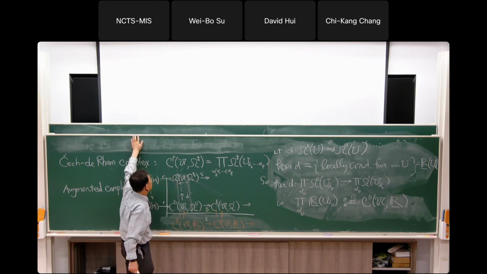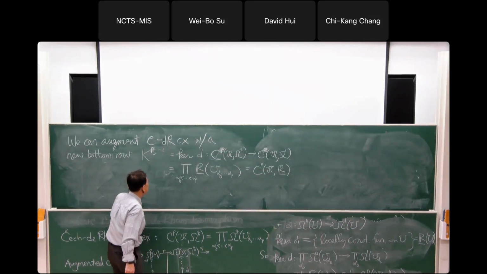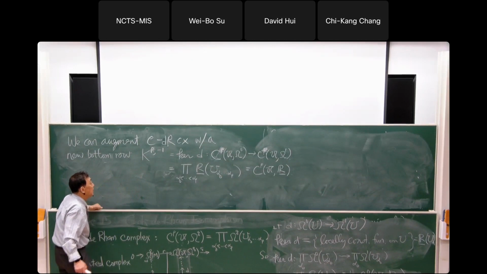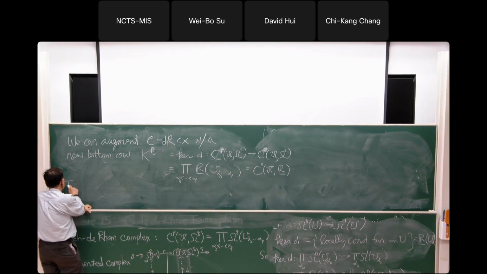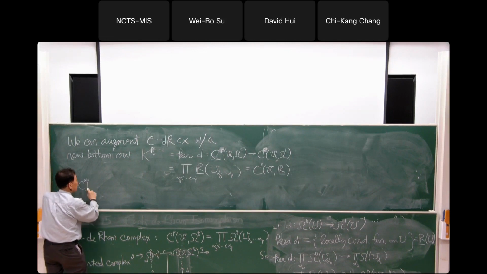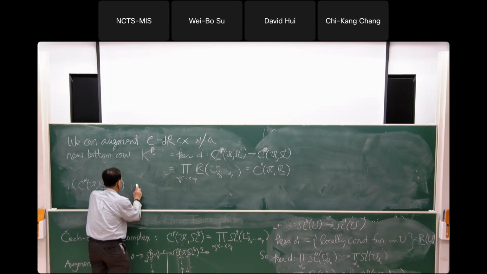Okay, and so this complex, so now you have C star U R bar with the alternating difference operator as the differential. Okay, so this is a differential complex.